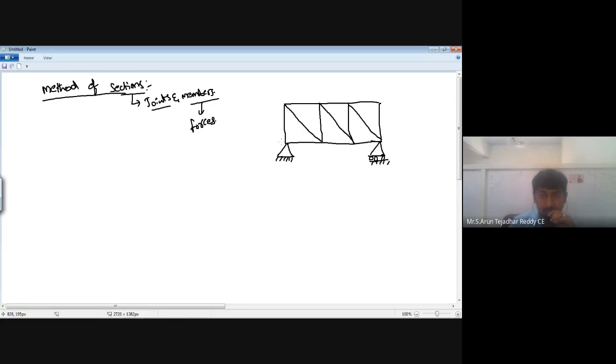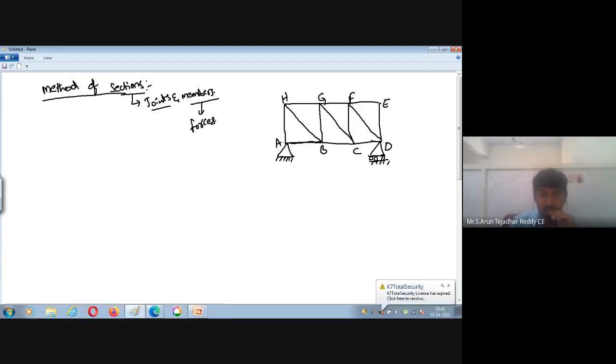And in this section, how many joints are available? A, B, C, D, E, F, G, H. So these all are the joints A, B, C, D, E, F, G, H. And by taking joint A, how many members are available? That is A to B is one member, A to H another member.